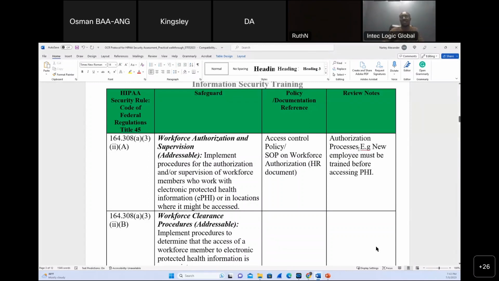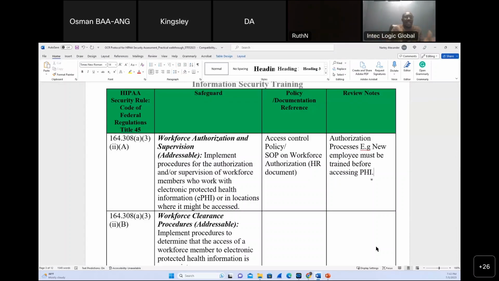So the authorization process. Daniel said it, like new hires must be trained before accessing PHI, right? If you're a new hire, you don't just say, okay, we just hired Daniel, and because Daniel is a nurse, Daniel should just start having access to the system, PHI. No, you need to train the new hire, then have an authorization process.